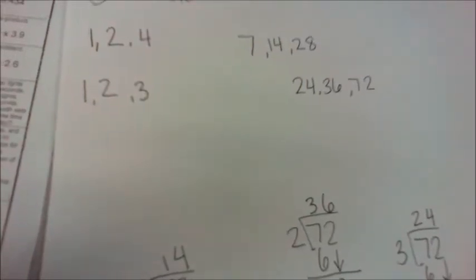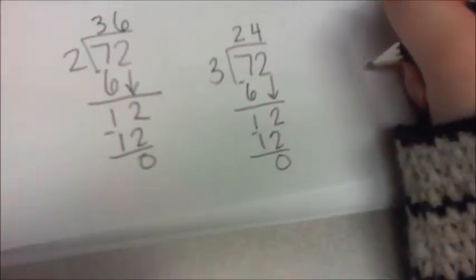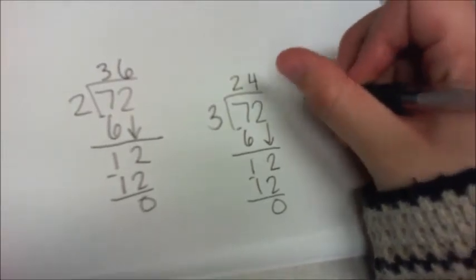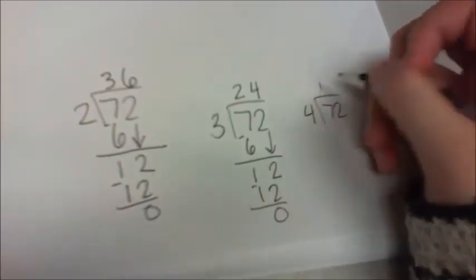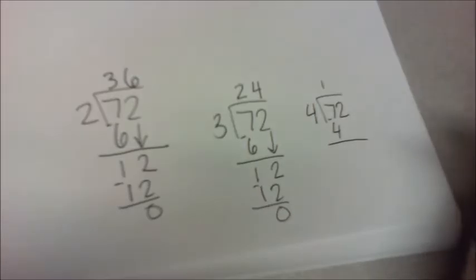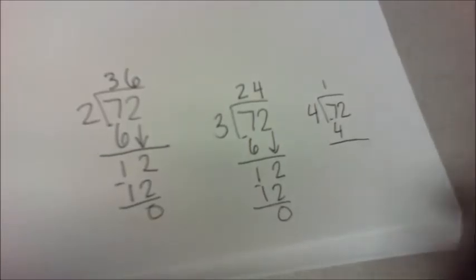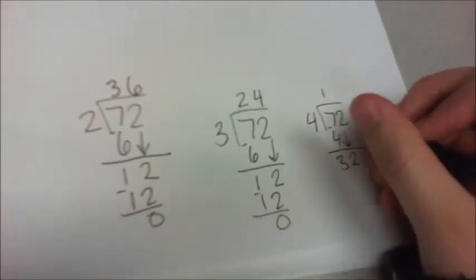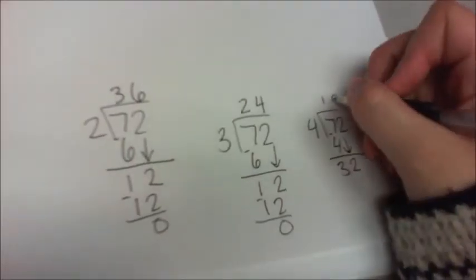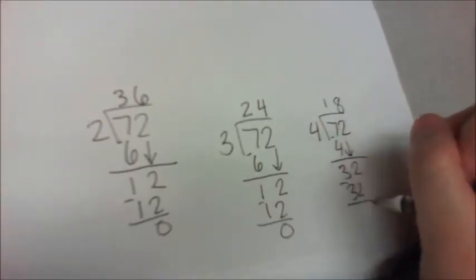Now what about 4? Does 4 go into 72? Let's see. 4 goes into 7 only 1 time. 7 minus 4 is 3. Bring down the 2. 4 goes into 32 8 times.